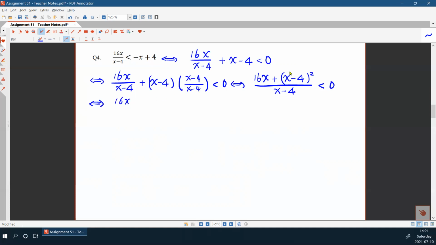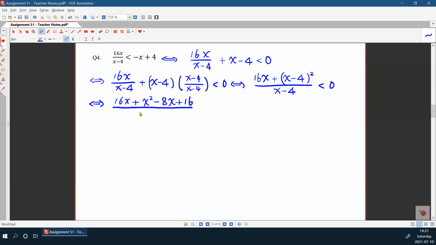16x. Remember, there's a formula to expand the expression here, right? (x minus 4) squared is x squared minus twice of x and minus 4, which is minus 8x, and plus minus 4 squared, which is 16. Remember the formula?